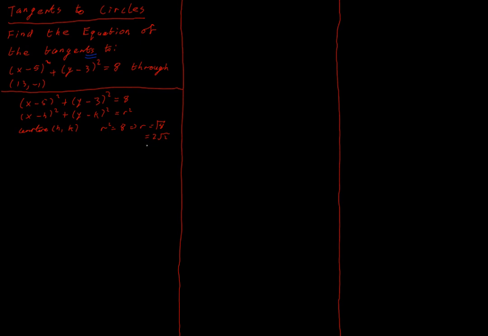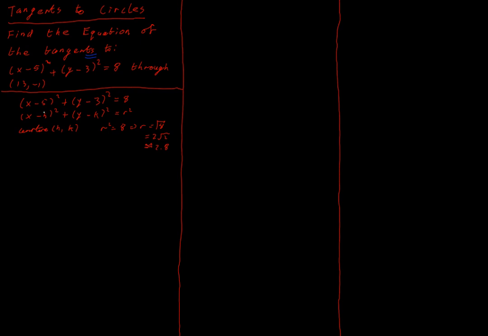If we break that down into 4 multiplied by 2, we end up with 2 root 2, which for the purposes of sketching, if I put that in my calculator, is very approximately equal to 2.8, so that I can draw a bit of a rough sketch using it.